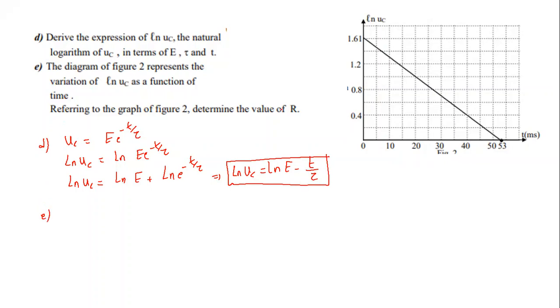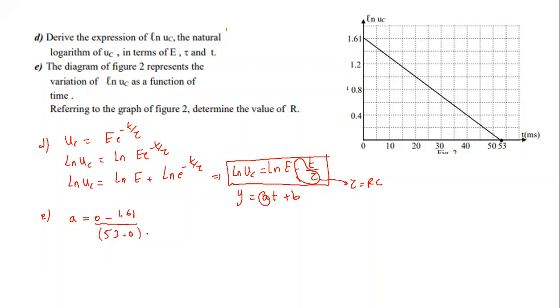Part E, the diagram of figure 2 represents the variation of ln UC as a function of time. Referring to the graph of figure 2, determine the value of R. In order to determine the value of R, we must find the value of the slope. If we notice here, this is the equation, and it is of the form y equals A T plus B. The part with tau equal to RC is the slope, so we must find the slope. A equals y final minus y initial, which is 0 minus 1.61 over 53 minus 0.